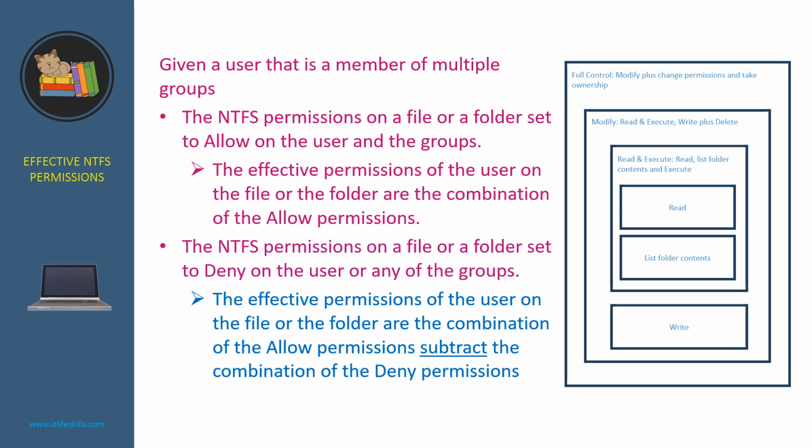When the NTFS permissions on a file or a folder are set to deny on the user or any of the groups, the effective permissions of the user on the file or the folder are the combination of the allow permissions minus the combination of the deny permissions.